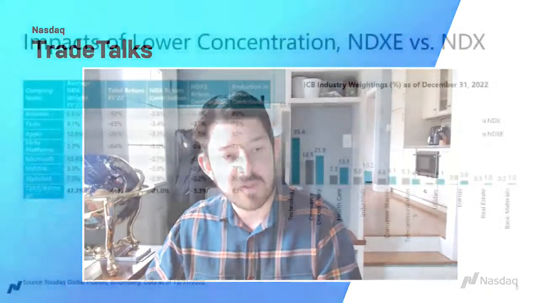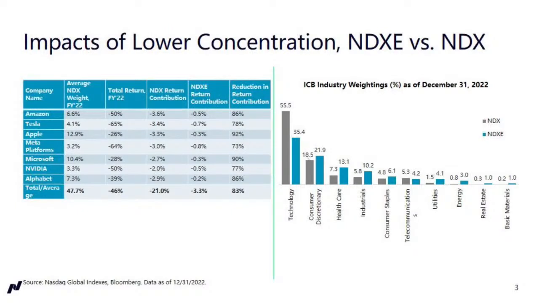All right. And Mark, what about the impact of lower concentration? This illustrates what happened last year. On the left in that table, these are the 7 biggest names in the cap weighted Nasdaq-100, around 50% of the index weight. On average, these 7 names, Amazon, Tesla, Apple, Meta, Microsoft, NVIDIA and Alphabet, lost 46% last year.